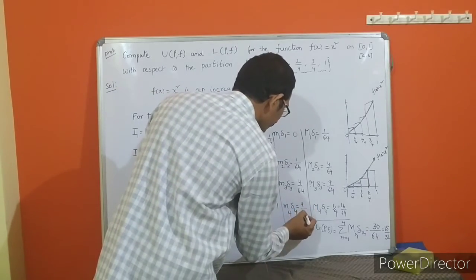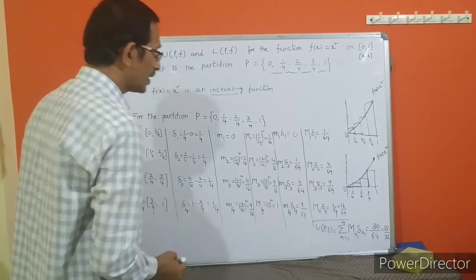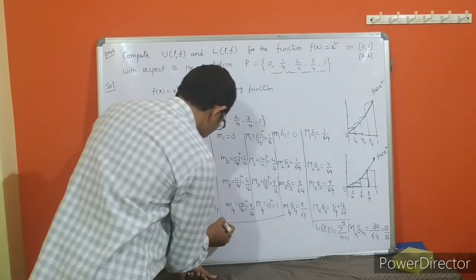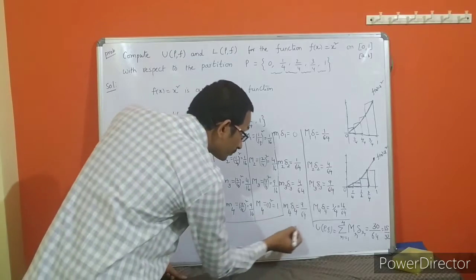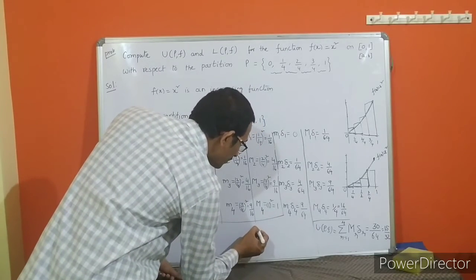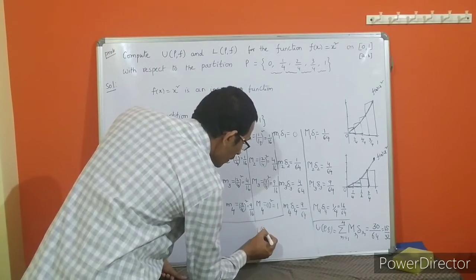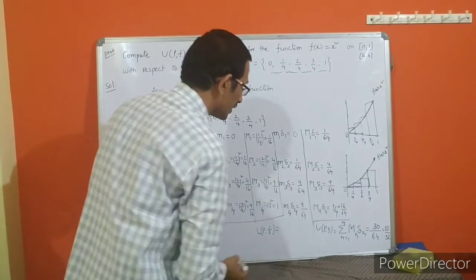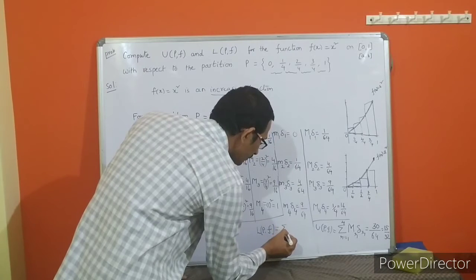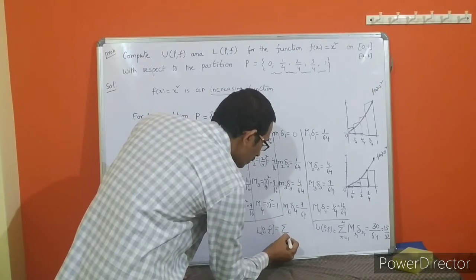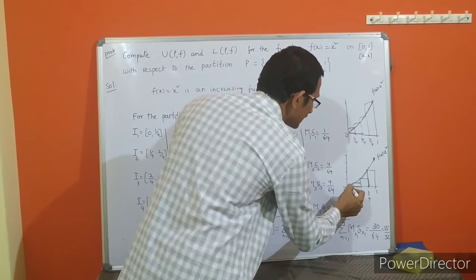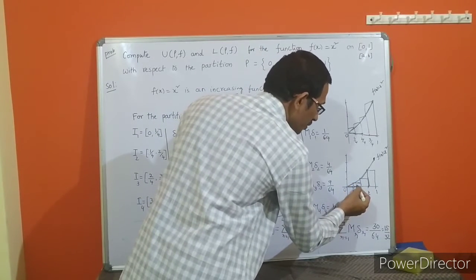Right. Now, what is LPF? Now, LPF is nothing but the summation, R is equal to 1 to 4, of the areas of all these rectangles. See, this rectangle is nothing, so 0 area.